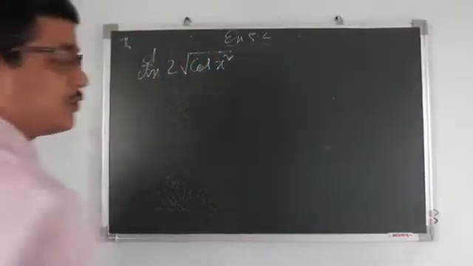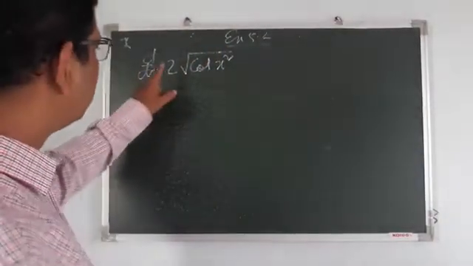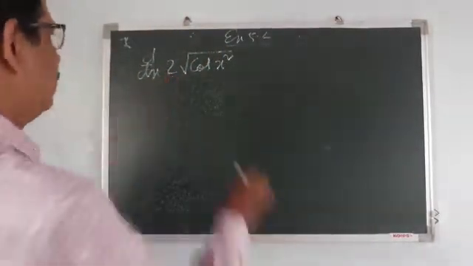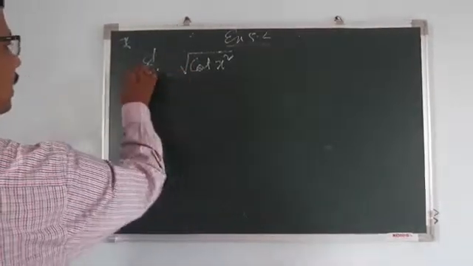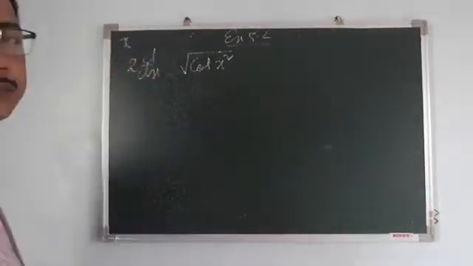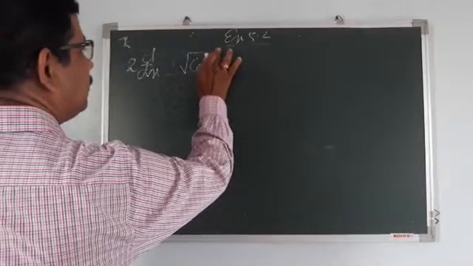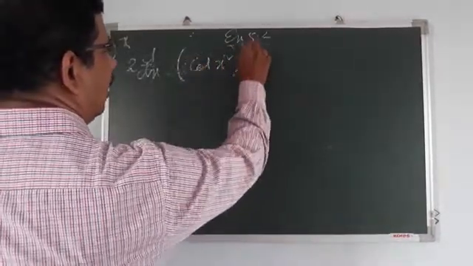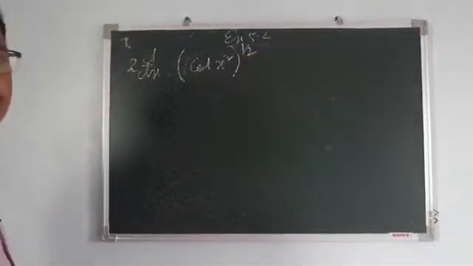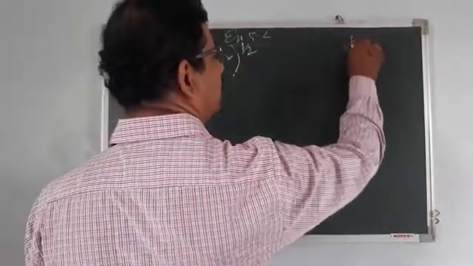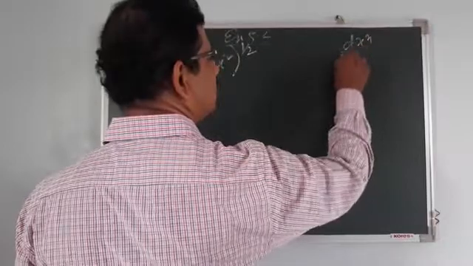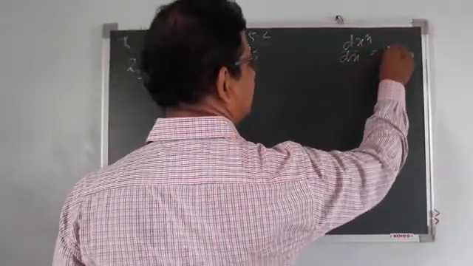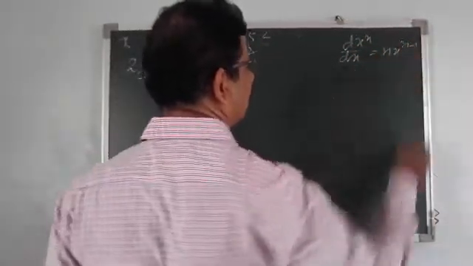When we get this type of sum, first you think 2, it is a constant. You can take 2 outside. Then root means the power is half. So think of that formula, differentiation of x to the power n with respect to x is n x to the power n minus 1.